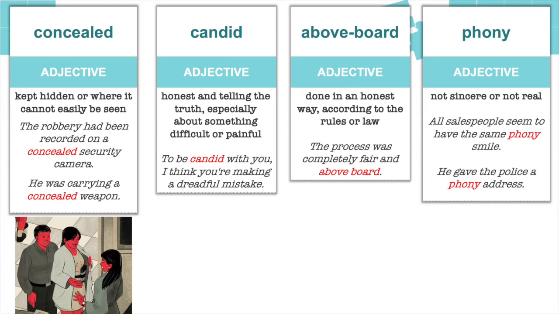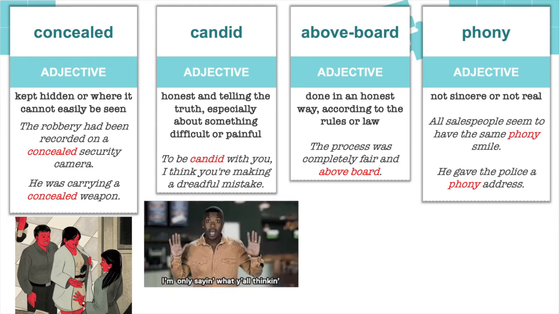Then we have the word candid. The word candid is, together with above board, possibly the only two words that are connected to the truth in all this vocabulary connected to lies. Candid means honest and telling the truth, especially about something difficult or painful. So, for example, to be candid with you, I think you're making a dreadful mistake.